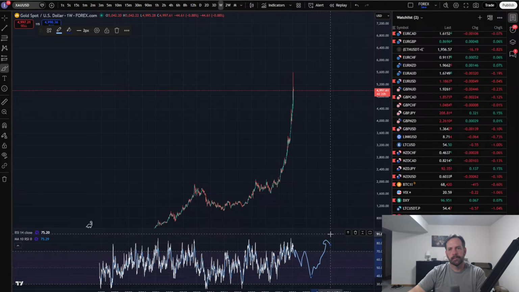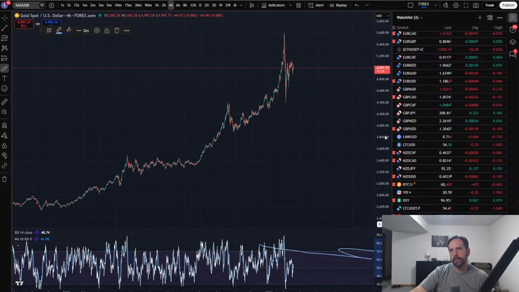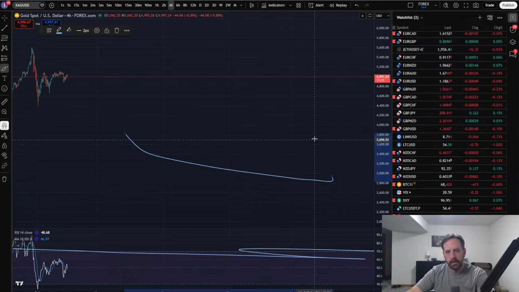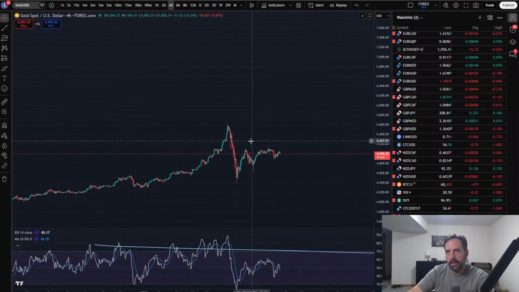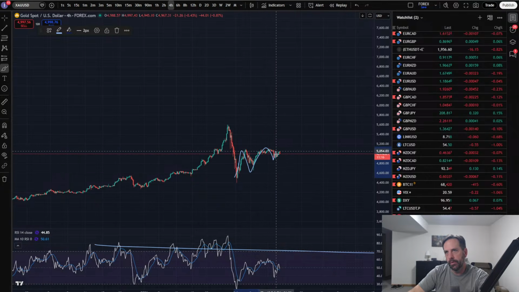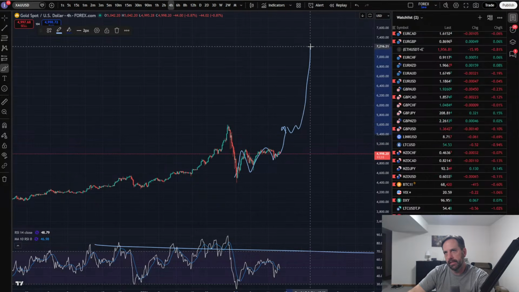So, 4-hour time frame. Let's take a peek at this wave structure. What are we seeing here? The real bullish look at this wave says this is a 1-2, 1-2. If this comes up like that, we could really see this thing go up again.